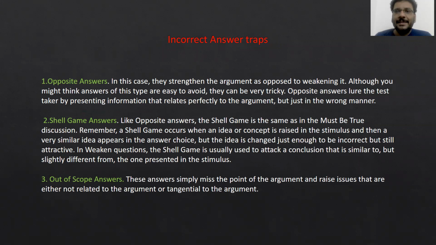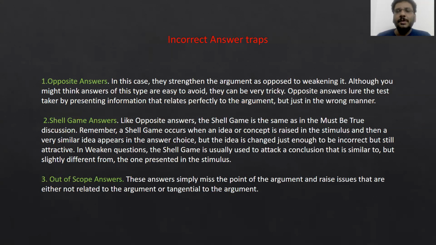Let's try to understand what a wrong answer option would look like. A typical wrong answer option will have information which contradicts the expected direction. For example, instead of weakening an argument, an option would strengthen the argument, right?